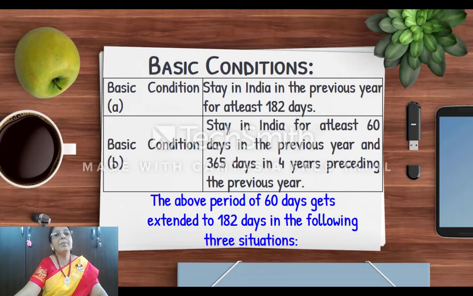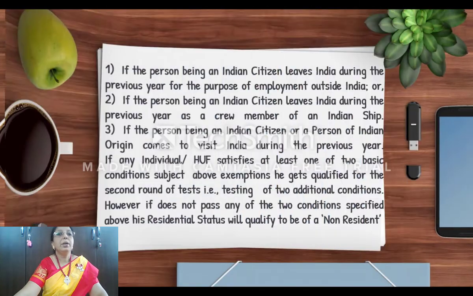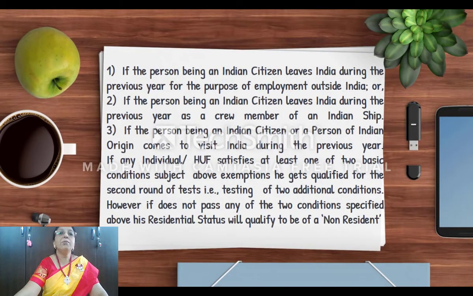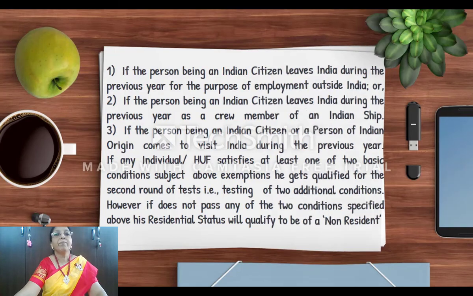So there are some situations when the second condition of 60 days is extended to 182 days. So if a person leaves India for the purpose of employment, or if an Indian citizen leaves India as a crew member of an Indian ship, if a person being an Indian citizen comes on a visit to India during the previous year, then the second condition of 60 days will also become 182 days.